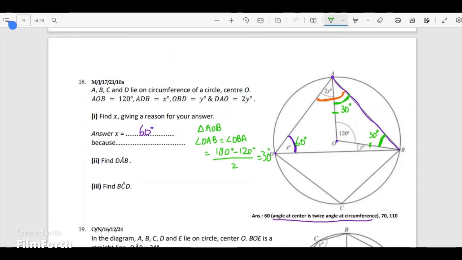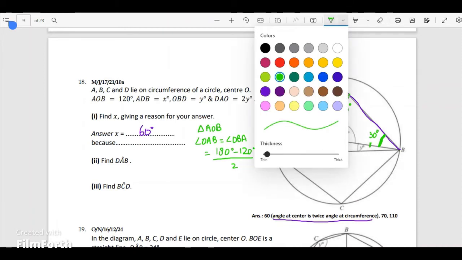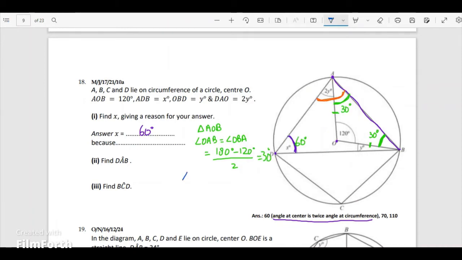So now if I turn my attention to this whole triangle ABD, in this triangle one angle is 60 degrees, the other angle, let's say this angle DAB, is 2y degrees plus 30 degrees. Again, what am I talking about?